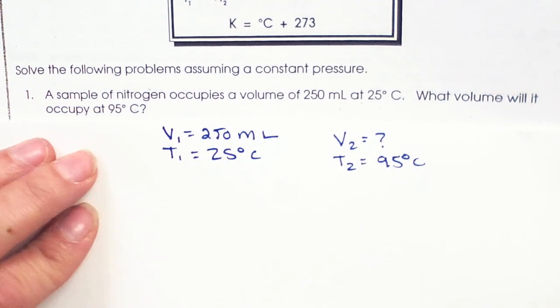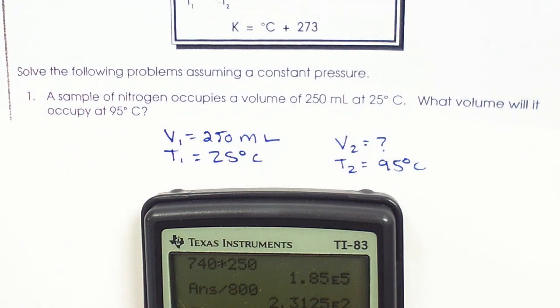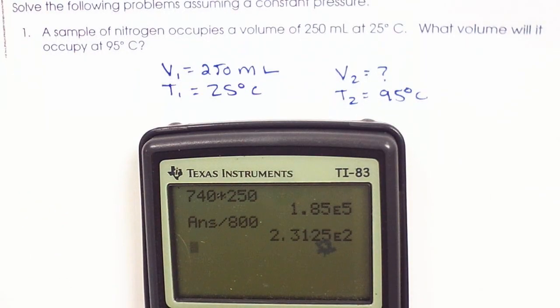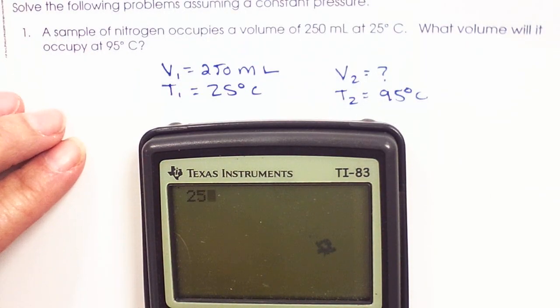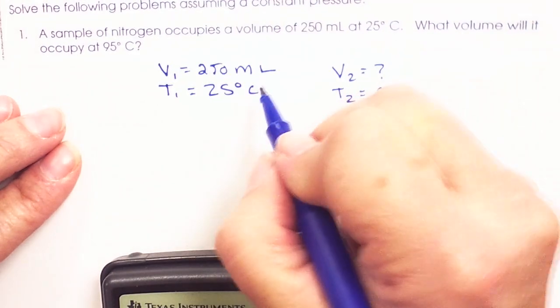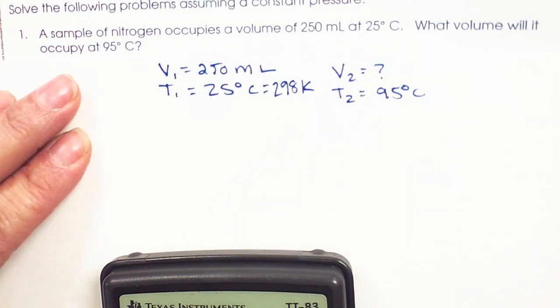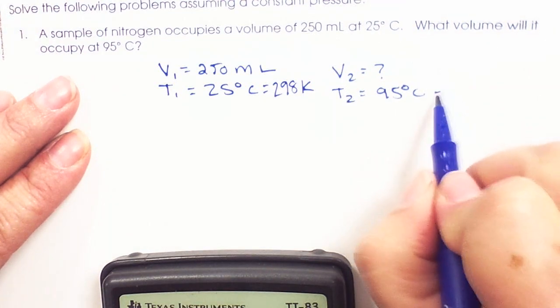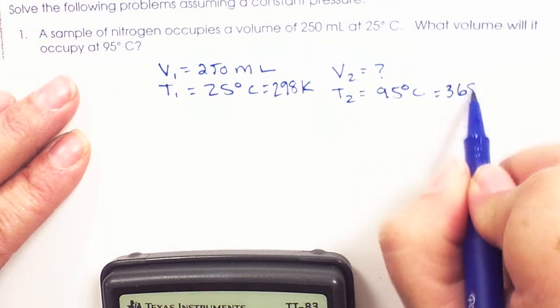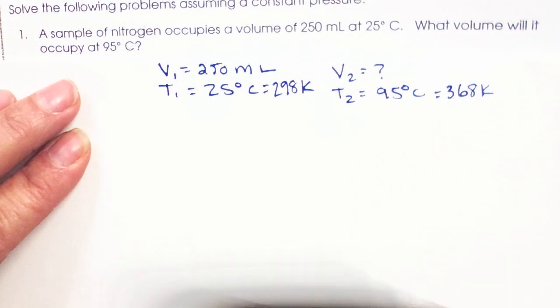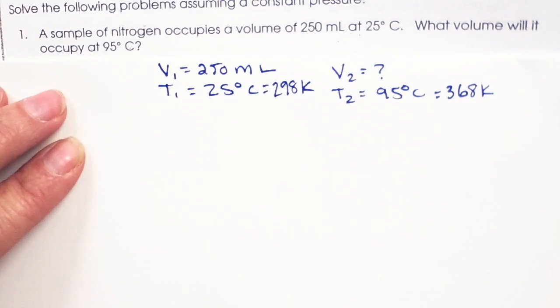So the first thing I need to do is convert those temperatures into Kelvin. So I'm going to do that first. 25 plus 273 gives me 298 Kelvin. And then 95 plus 273 gives me 368 Kelvin.